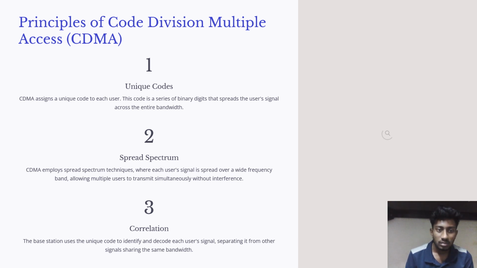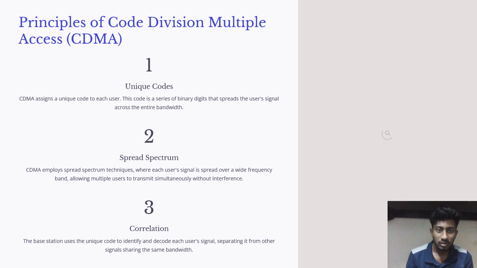The principles of code division multiple access. Unique codes: CDMA assigns a unique code to each user. This code is a series of binary digits that spreads the user's signal across the entire bandwidth. The second one is spread spectrum.